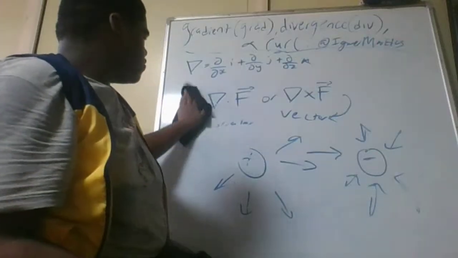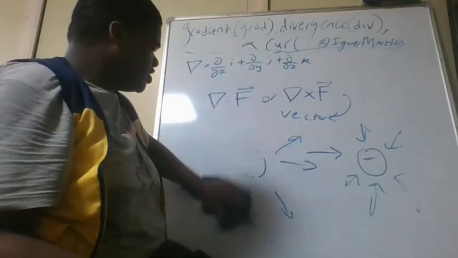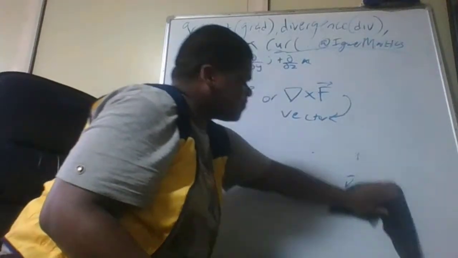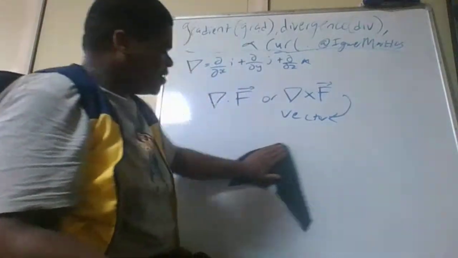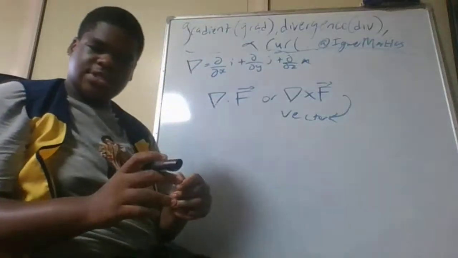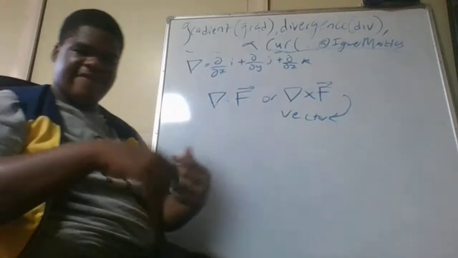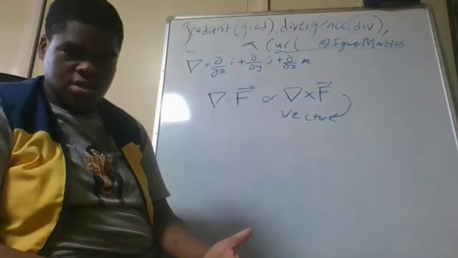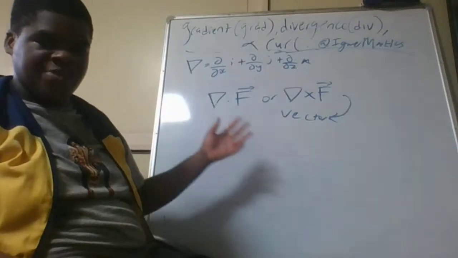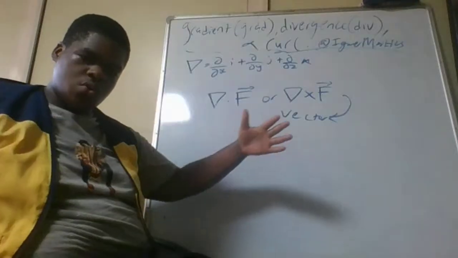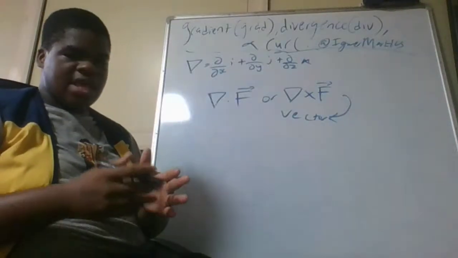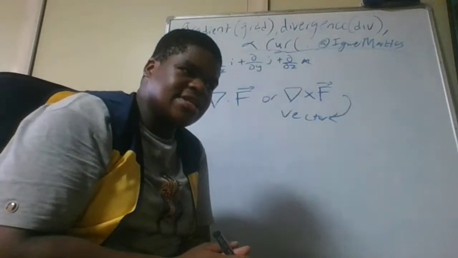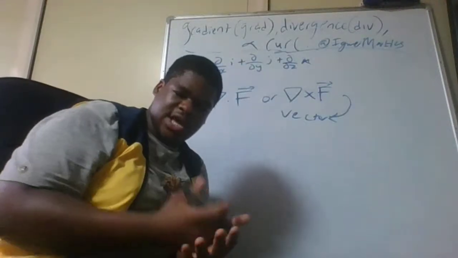Okay, now let's go for the cross product, which gives us our curl. What does the curl of a vector represent? The curl of a vector basically tells us at each point what is the turning effect of that vector field. The vector field causes change. First of all, it can cause something to increase or decrease. It can also cause something to turn. What defines a vector basically is its radius and its angle.